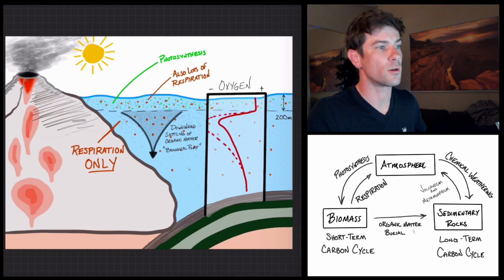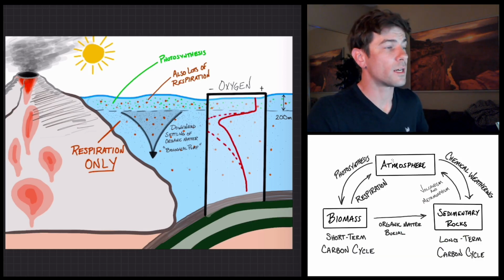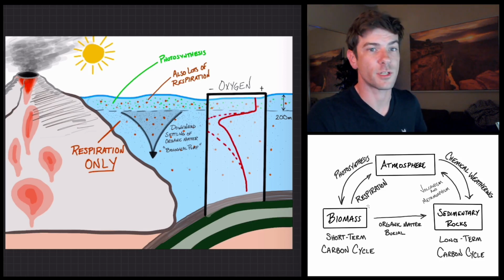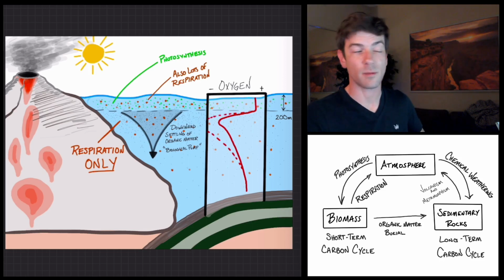Okay, so we've talked about photosynthesis and respiration, how the short-term carbon cycle just kind of spins and spins and spins on yearly, really seasonal timescales down to daily timescales.